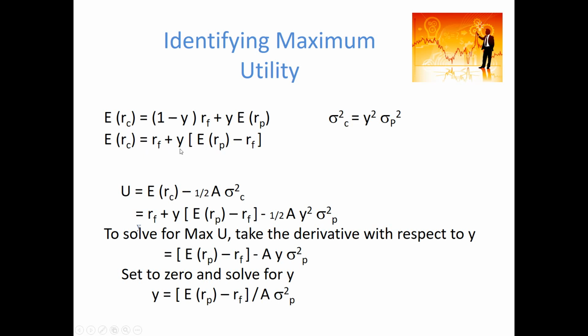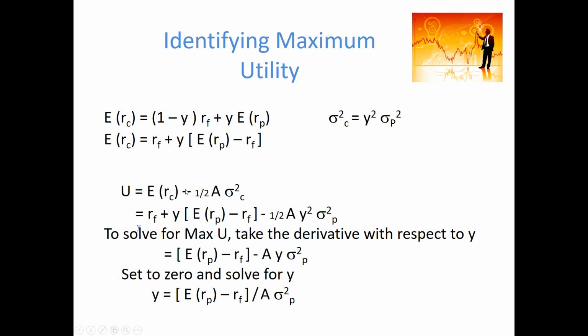This is simply an algebraic recalculation. We know that the variance of our complete portfolio is the weight invested in our risky portfolio squared times the variance of our risky portfolio. We know that because we said before the standard deviation of our complete portfolio is the weight invested in the risky asset times the standard deviation of the risky asset.